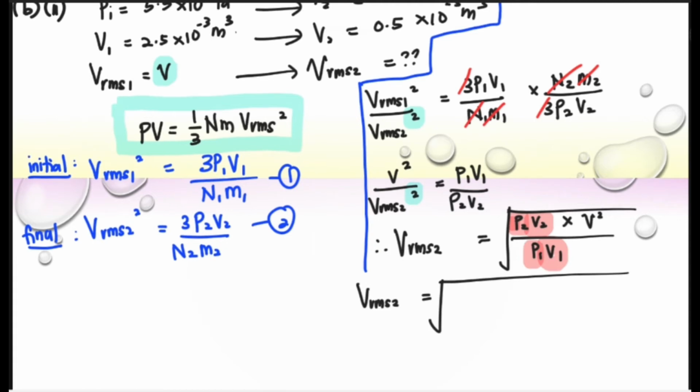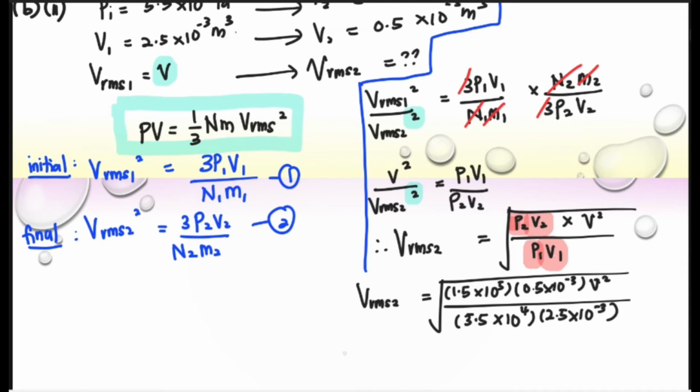P2 kita tadi 1.5, right? 1.5 exponent 5, V2 0.5 exponent negative 3, V tadi adalah VRMS1 is equal to V. So kita biarkan over P1, okay, 5.5 exponent 4, and then V1 is equal to 2.5 times 10 exponent negative 3.